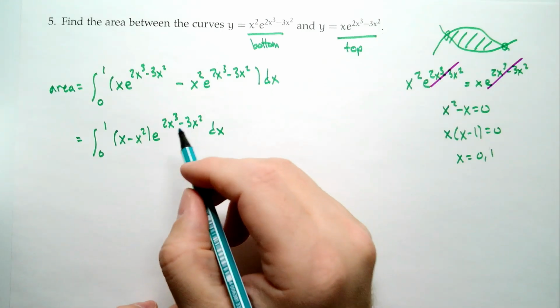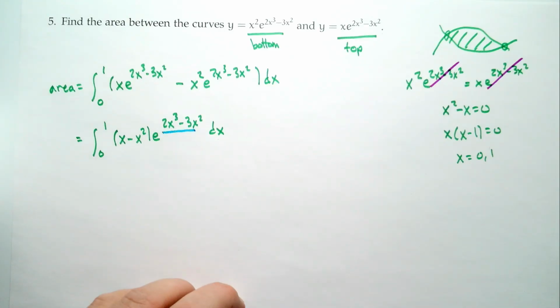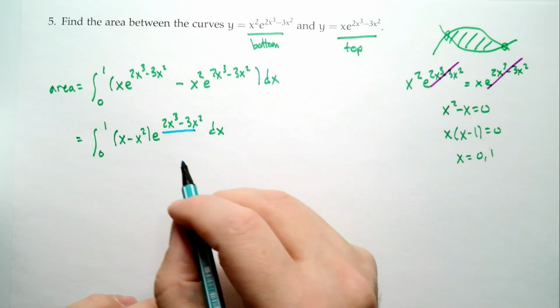In our case, there's a really strong argument to make our substitution be the 2x cubed minus 3x squared, because I have that as a function on the inside. So whenever you're looking for substitution, there are two things to look for: look for the function on the inside, or look for something that's a nice derivative. Hopefully you'll find something that's both. But I think a good candidate is always to try the function on the inside.